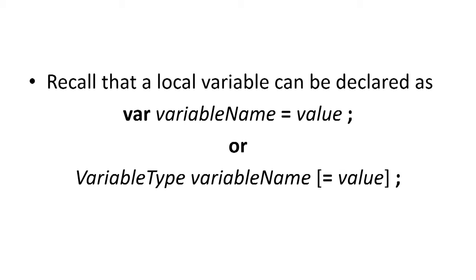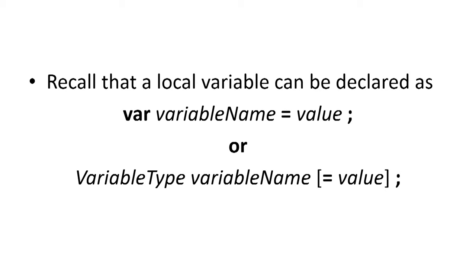So let's just start by talking about local variables. Now, you remember that a local variable can be declared in two different ways. You can say var, and then the name of the variable, and then an equals, and then the initial value that you would like for that variable. And if you do that, then the compiler deduces what type you intended the local variable to be on the basis of the type of the initializer.